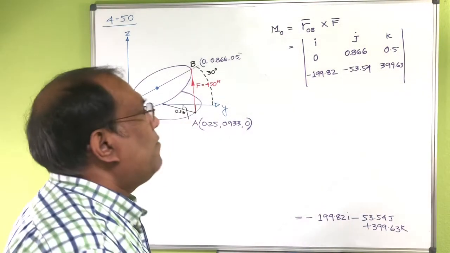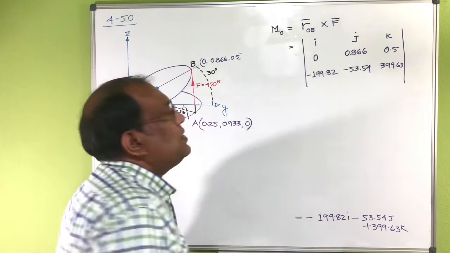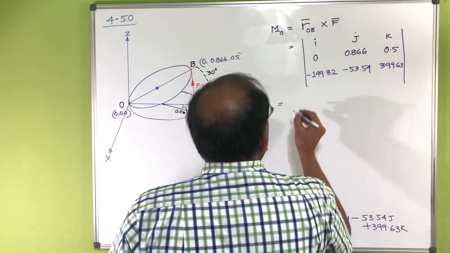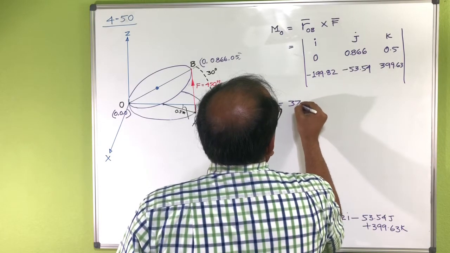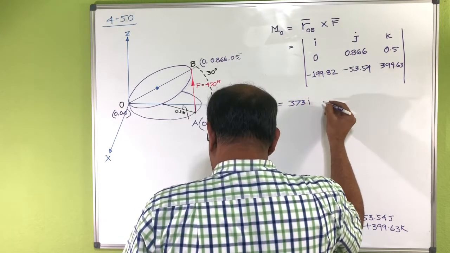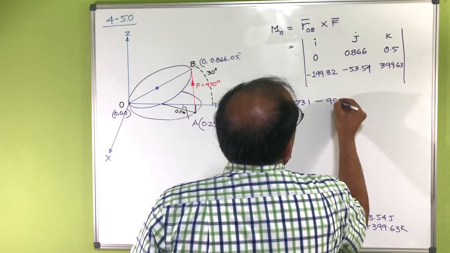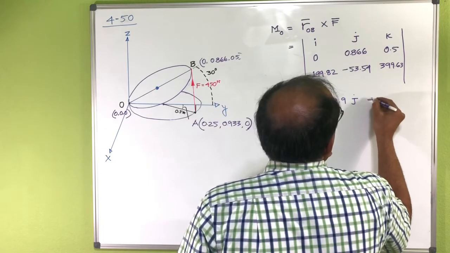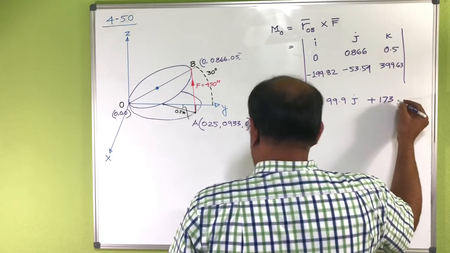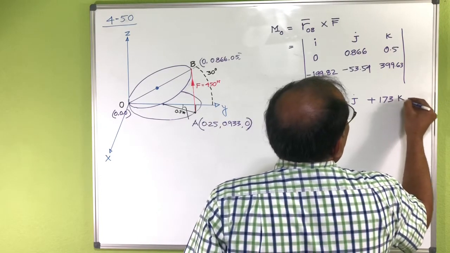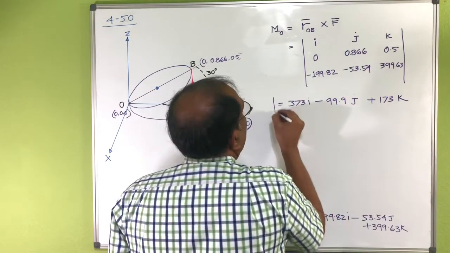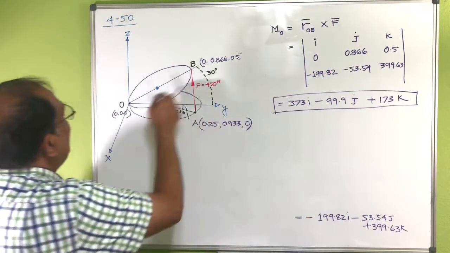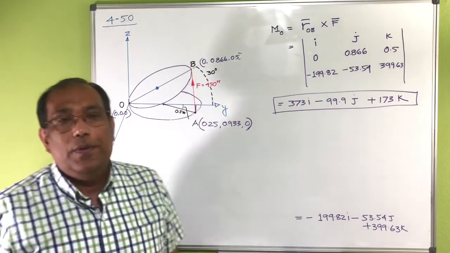So if you solve that, then basically you get your moment is equal to 373 I minus 99.9 J plus 173 K. So that's basically the moment of that force about point O.